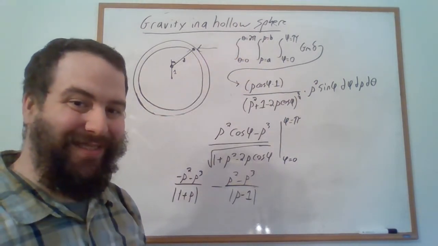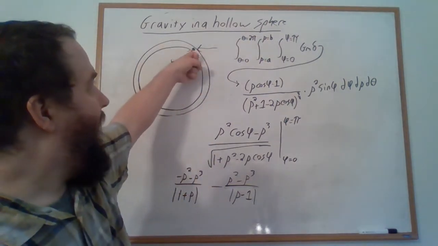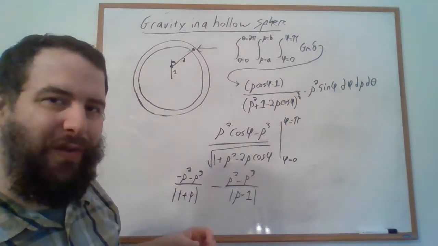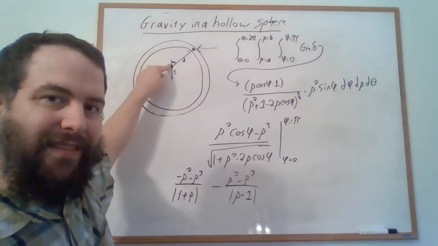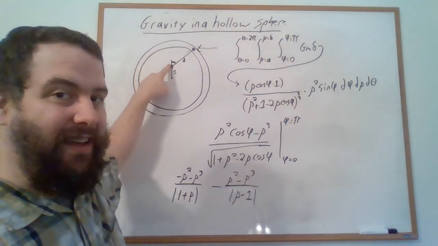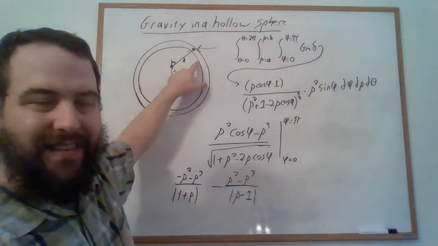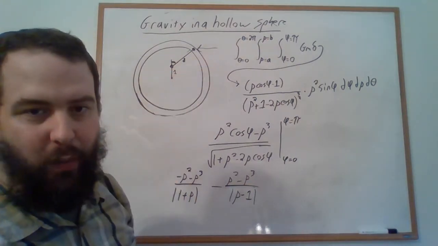But here's the clever bit. Because our a and our b are both larger than 1, let's assume for the moment that this point here, that's 1 unit up on the z-axis, is, as we've drawn it, actually inside the hollow sphere. Then that means that a is at least 1 and b is at least 1.